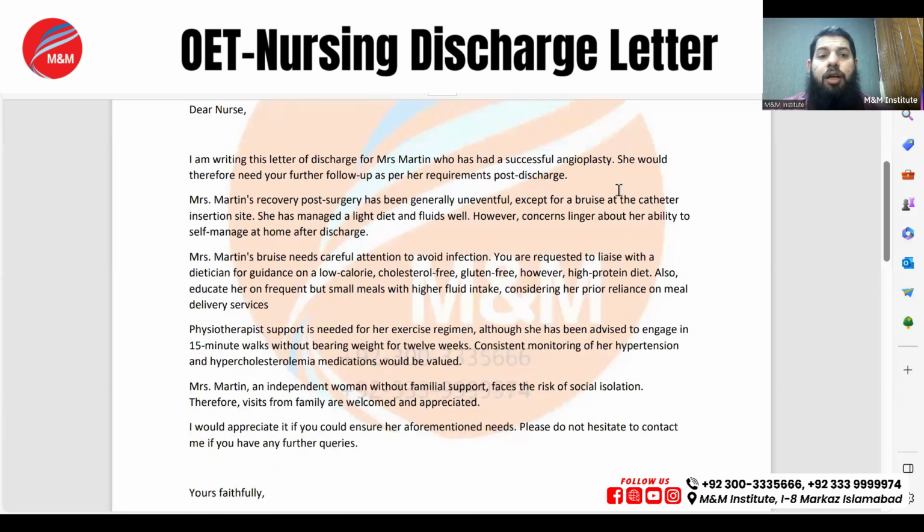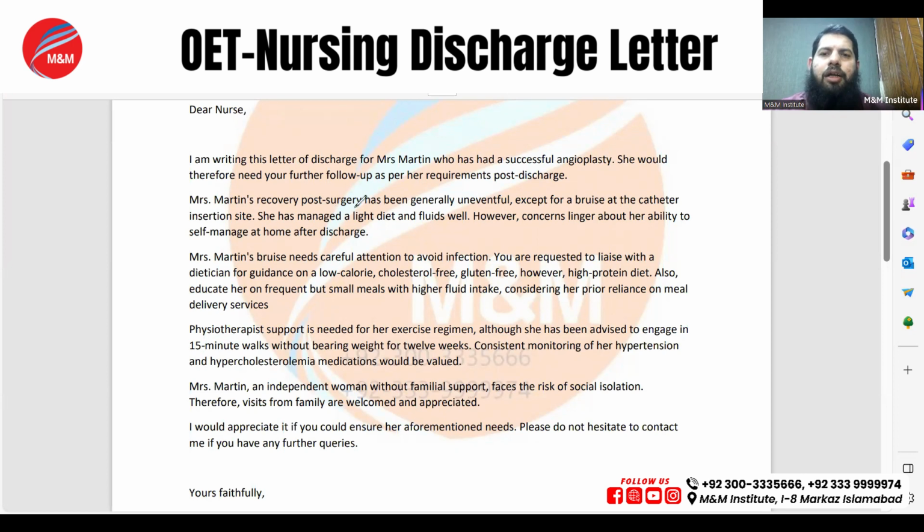Then afterward, as I asked you to mention the comment, now we'll see if your comment was right or wrong. The most important detail in regard to the discharge plan would always be anything that can lead toward infection, such as here we have bruising. So we would request the person to start with the bruising point.